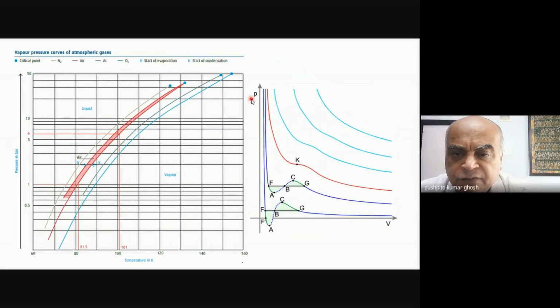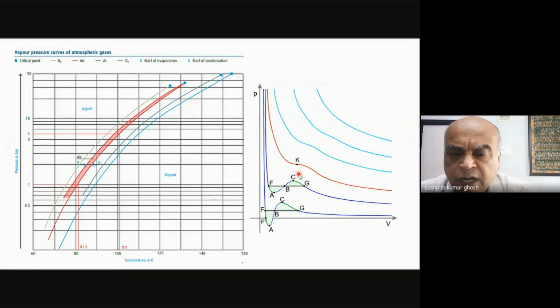Last time we discussed this plot of how if you take these kinds of pressure volume curves at different temperatures, so these are all different isotherms, and this point K is the critical point. So if you go below this point, you start seeing, of course, distinct liquid and vapor phases, and at K is the critical point where the liquid and the vapors are almost indistinguishable.